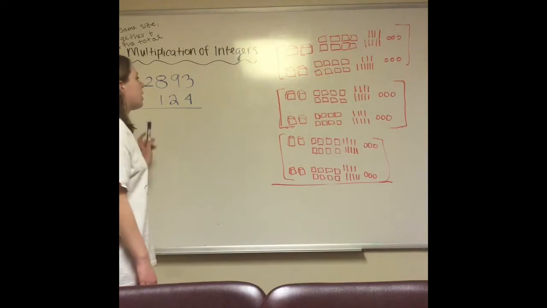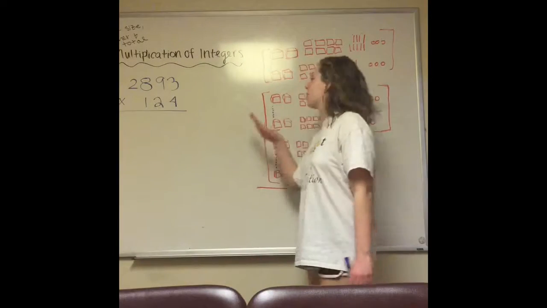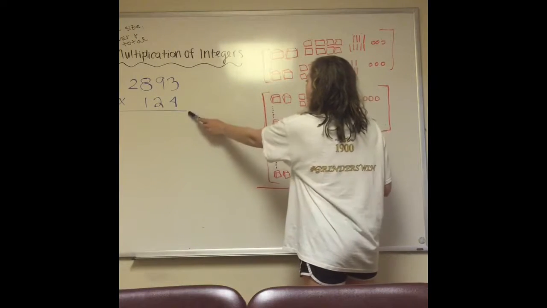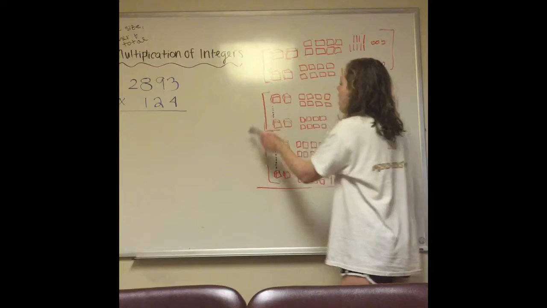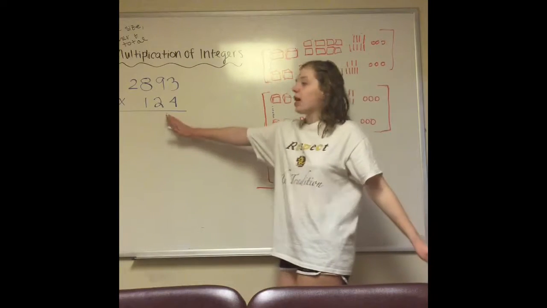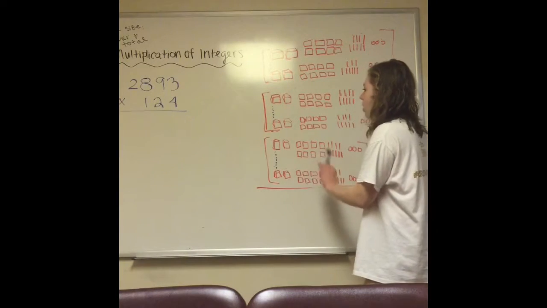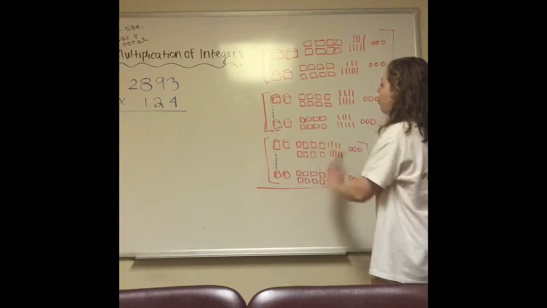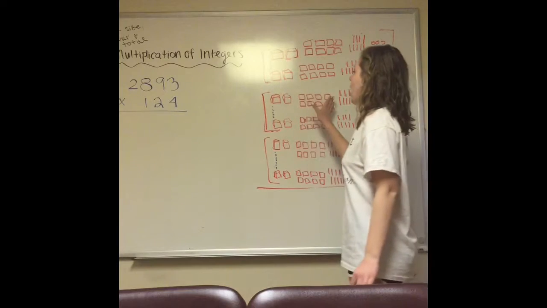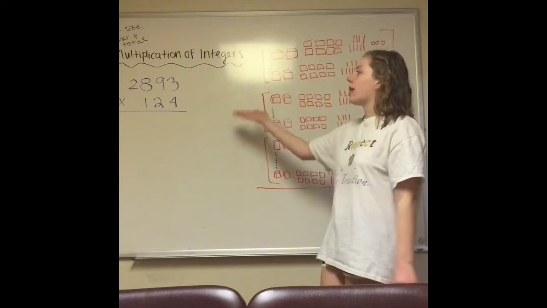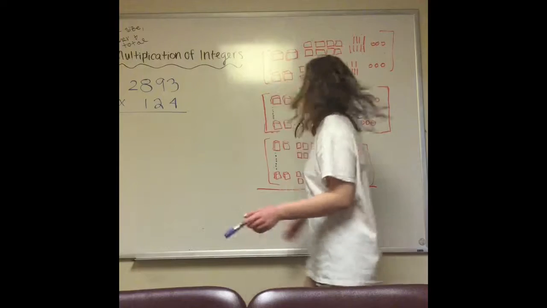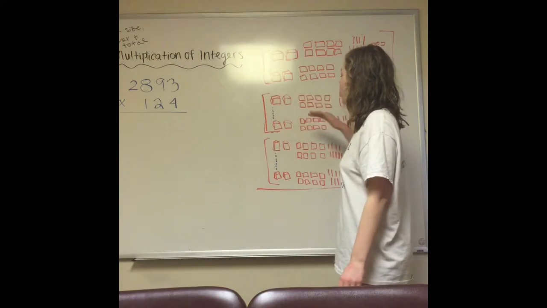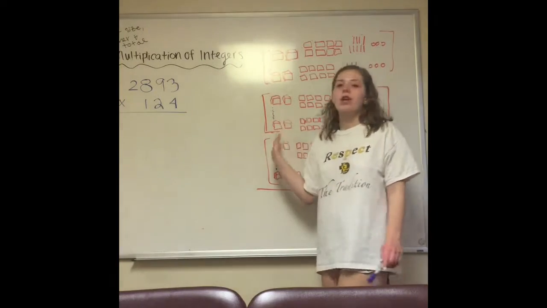So as you can see here, we have groups, and to break it down a little bit, we have here our group of 4 to represent that ones column, our group of 20 to represent that tens column, and our group of 100 to represent our hundreds column, 124 being multiplied by 2,893. And so all in all, in our block form here, we have 124 groups of 2,893.